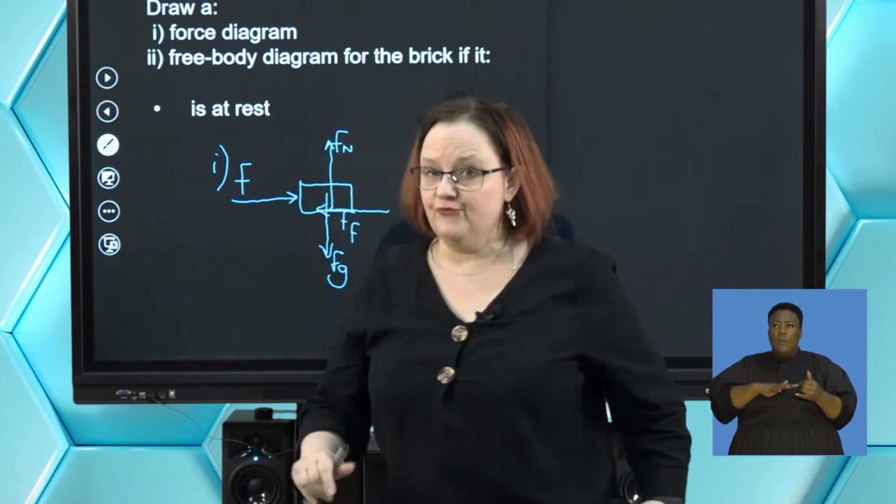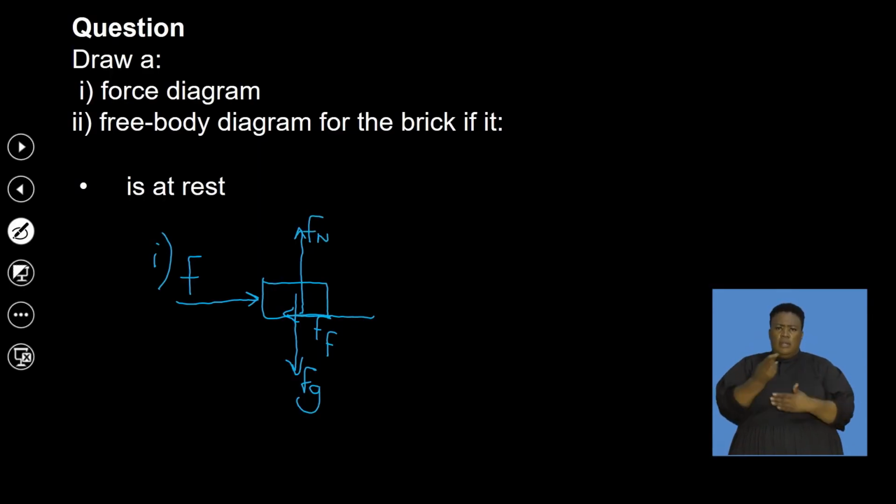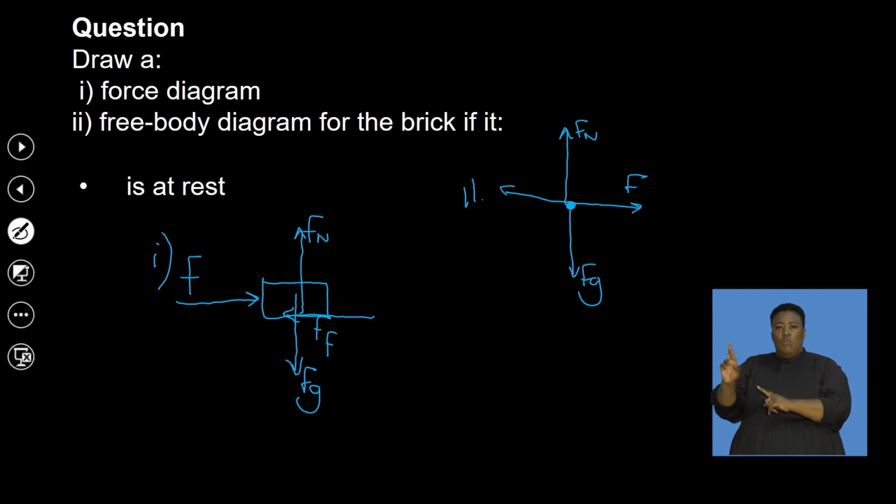Now they want the free body diagram. So if we go to the free body diagram, remember that's a dot. These ones are easier. FG, Fn. Now my applied force goes to the right and friction goes to the left. What am I looking for when I do this?